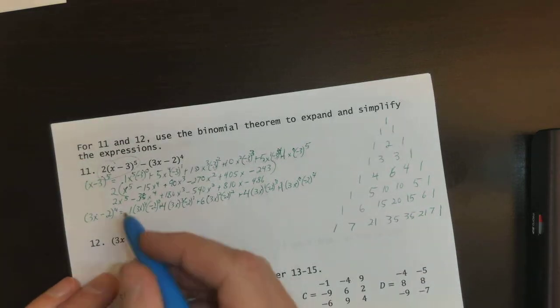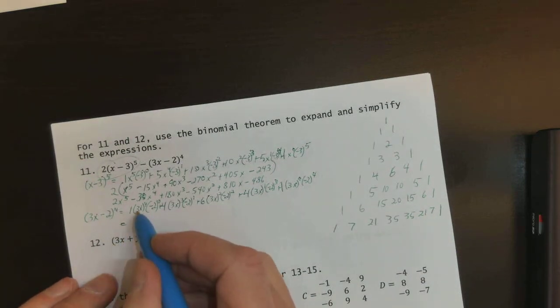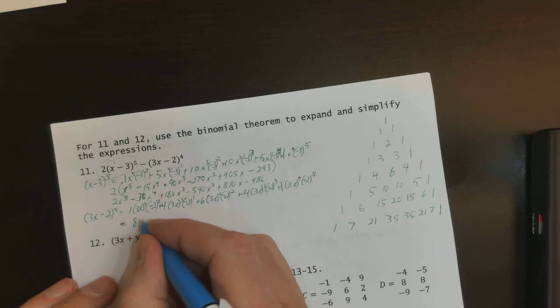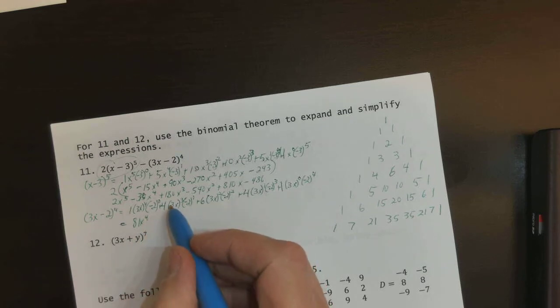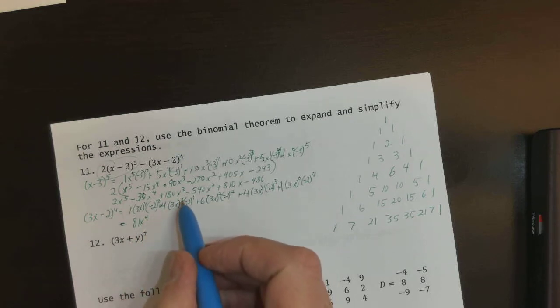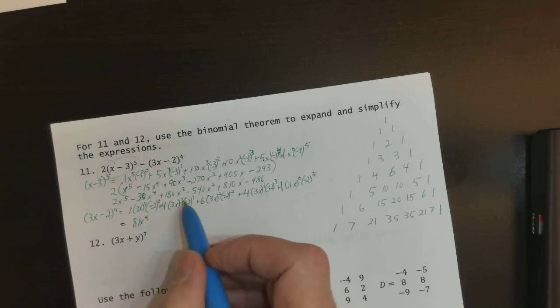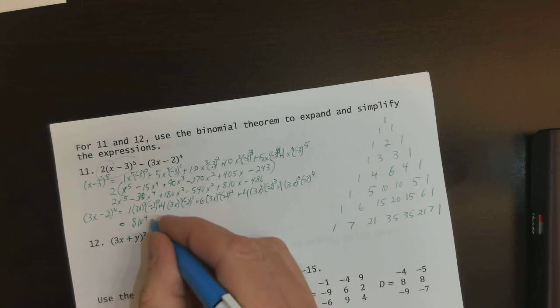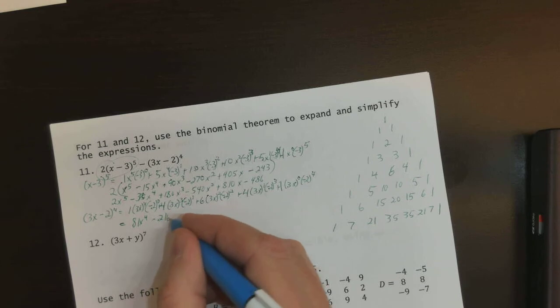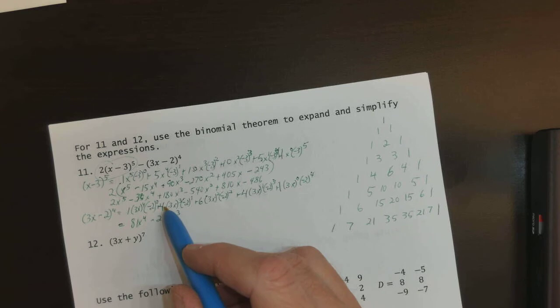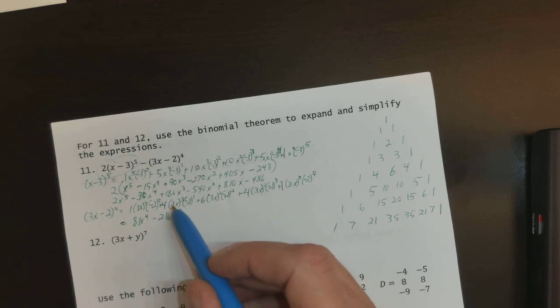All right, now it's time to compute. 3 to the 4th is 81, 81x to the 4th. 3 to the 3rd is 27, 27 times 4 is 108, 108 times negative 2 is negative 216, and that's x to the 3rd. Let me try that again.